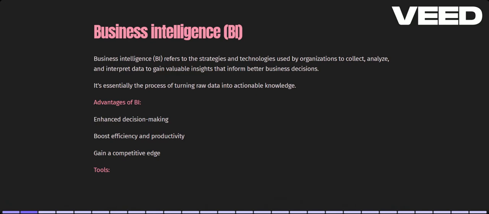We can take good decisions, like enhanced decision making by using business intelligence. Next, efficiency and productivity will be boosted for any business, since you have clear graphs and visuals of your business and market. And next, we will have a competitive edge over the other competitors in that particular field by using business intelligence.